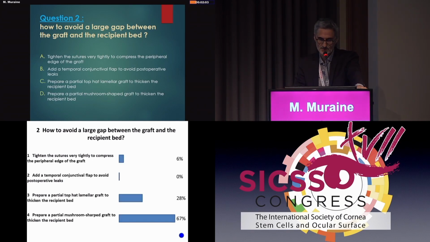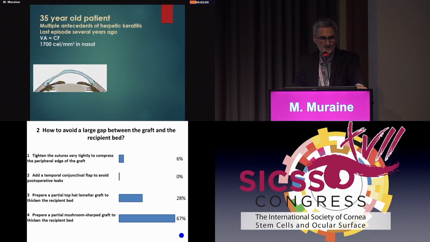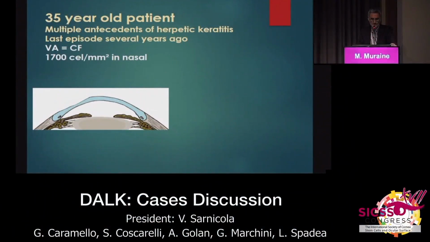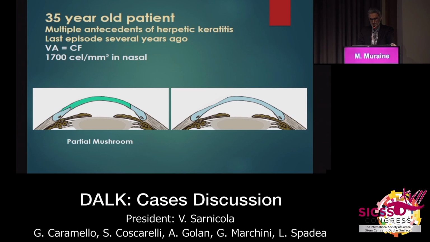Okay, these are good answers. Thank you. So this is the patient before DALK, and this is a partial mushroom, and this is the other solution with the partial top hat.